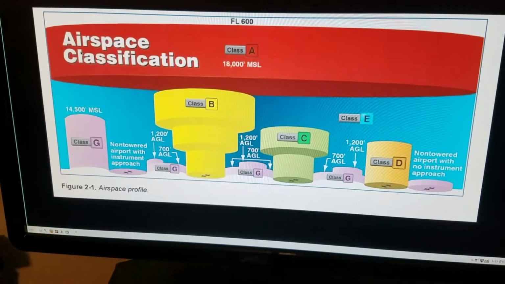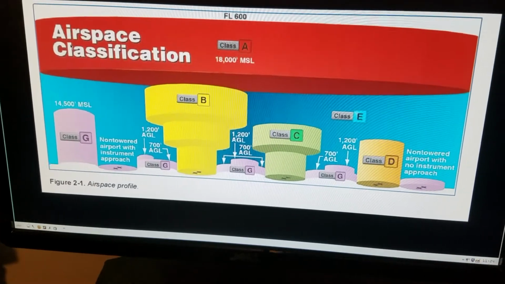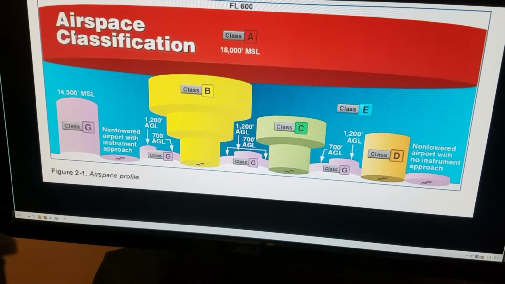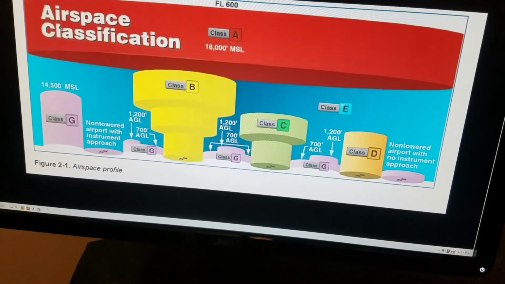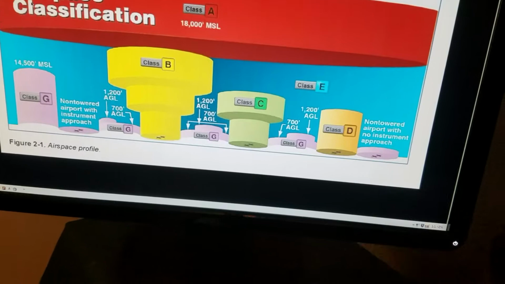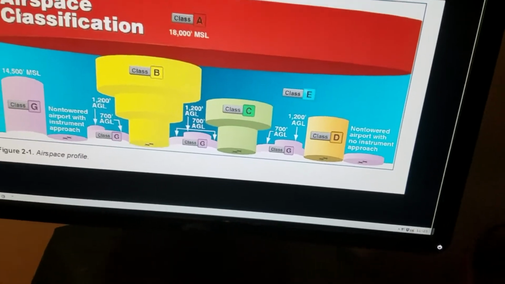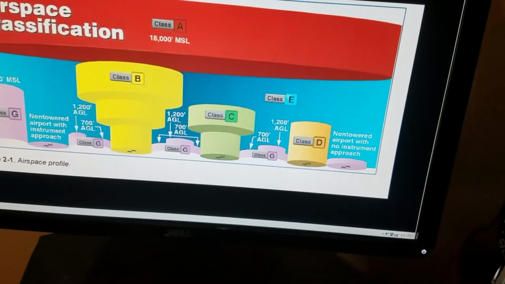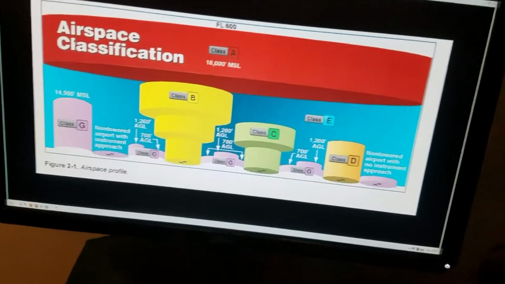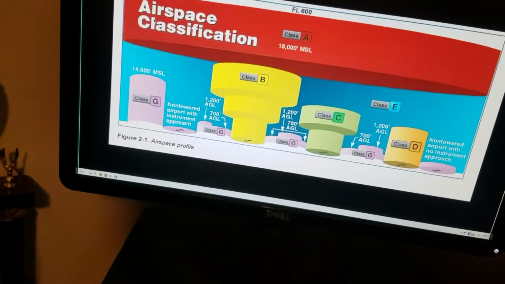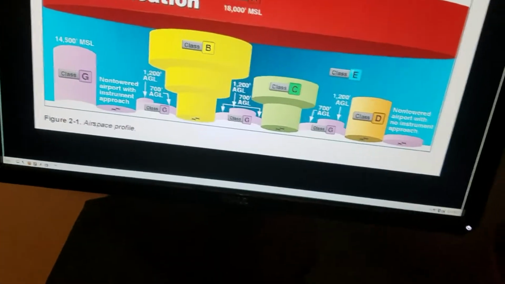Even in your car or your vehicle, the cup you use may have a smaller bottom, and on the top it could be a larger diameter. This is a similar situation that we are talking about on different airports.